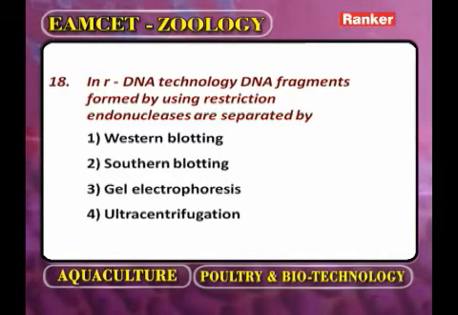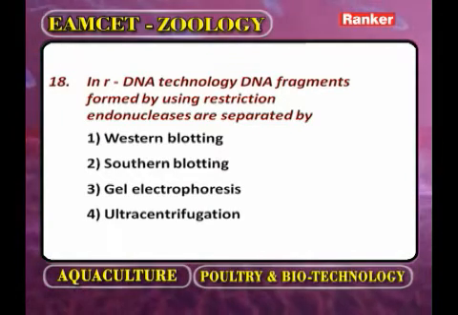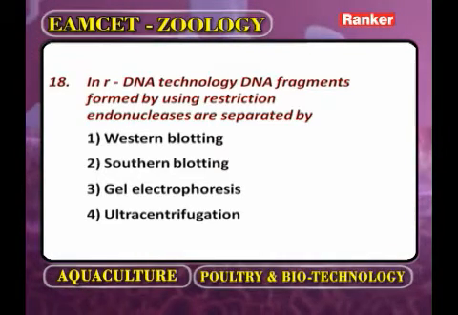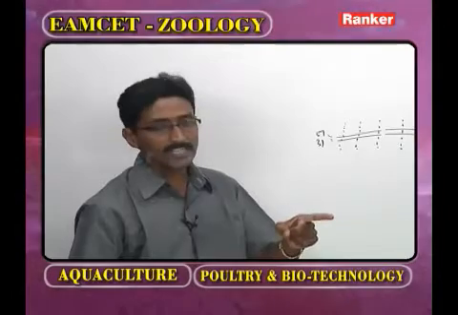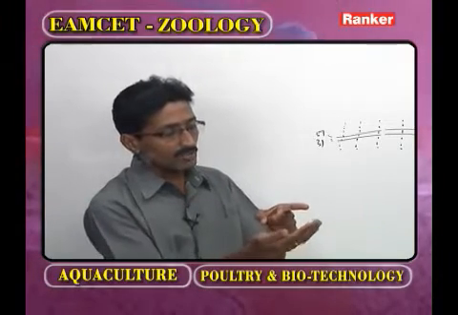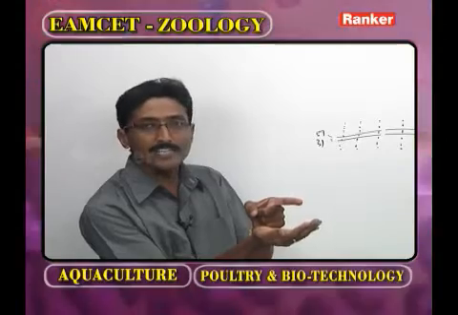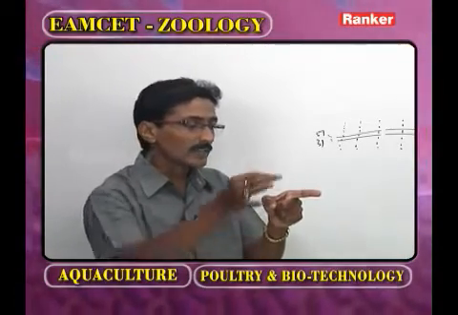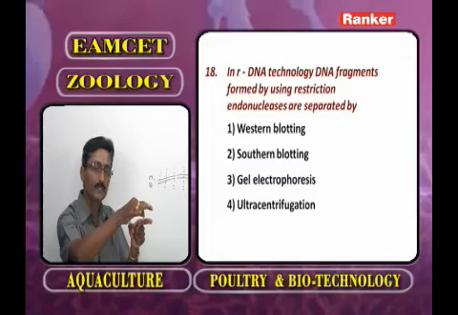In recombinant DNA technology, the fragments formed by using restriction endonucleases are separated. Now, it is a DNA strand taken in a petri dish or in a beaker. Now we use restriction endonuclease.